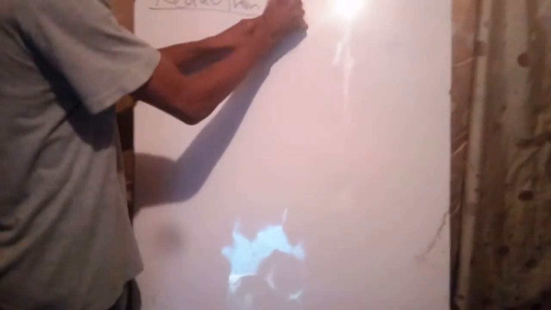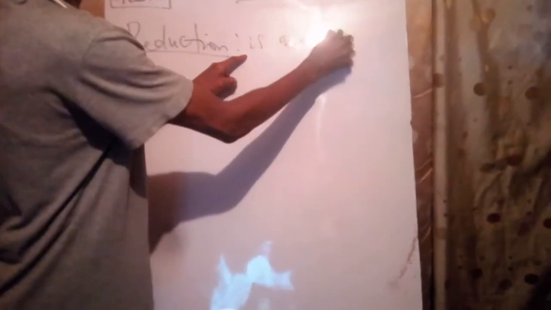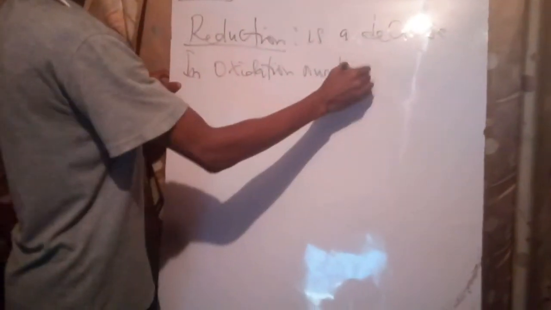Okay, now what is the meaning of reduction? Reduction is the opposite of oxidation, and reduction is a decrease in oxidation number. Alright, I will be giving you an example to illustrate this decrease in oxidation number that we call reduction.